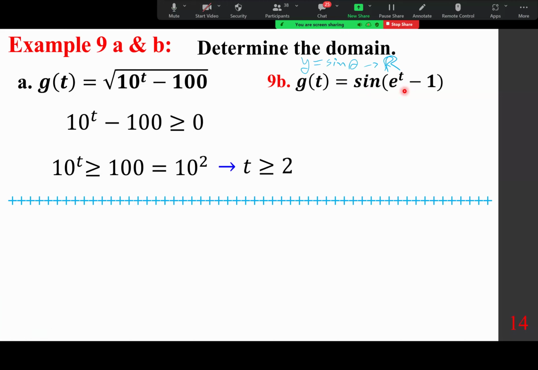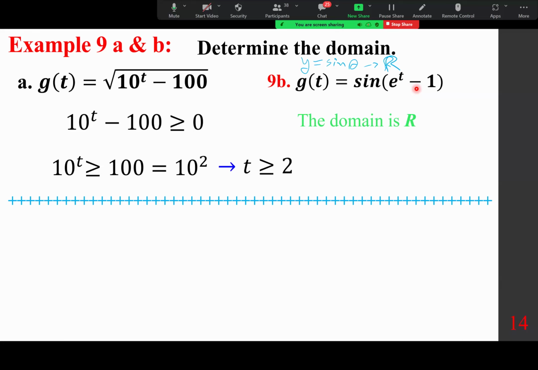So e to the power of t has no restrictions as far as the domain is concerned. Neither does e to the power of t minus 1, so the domain remains as R. So sine of an expression e to the power of t minus 1. What we exclude, if this expression requires any exclusion.